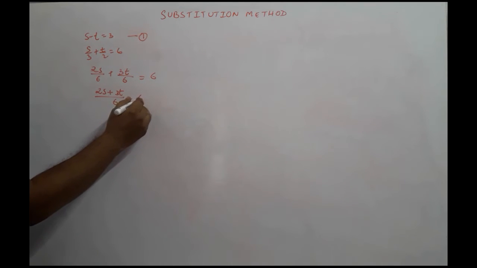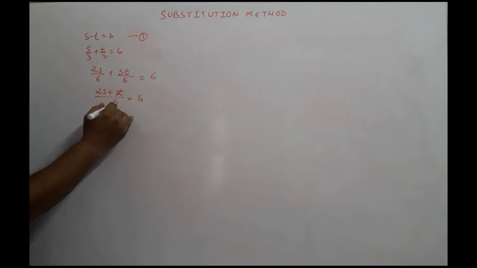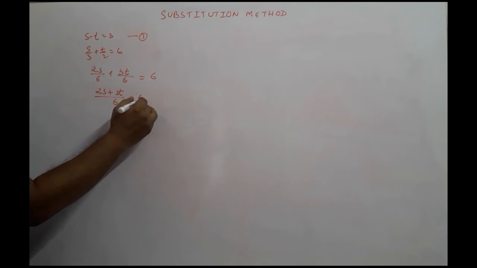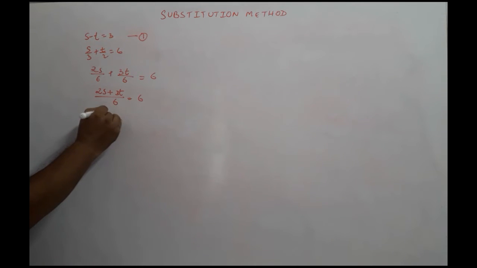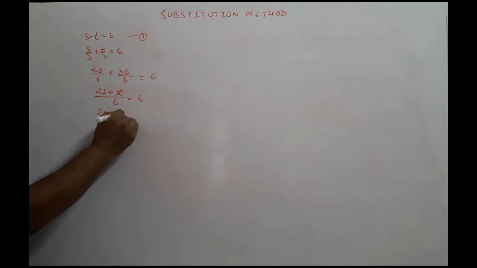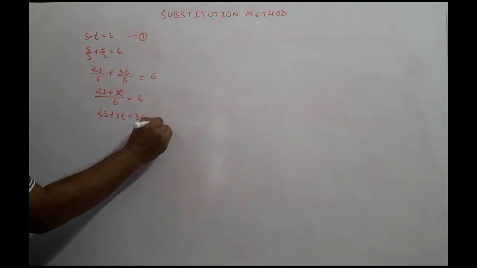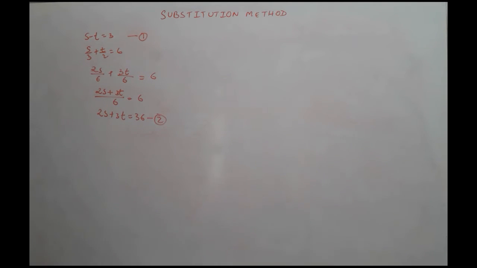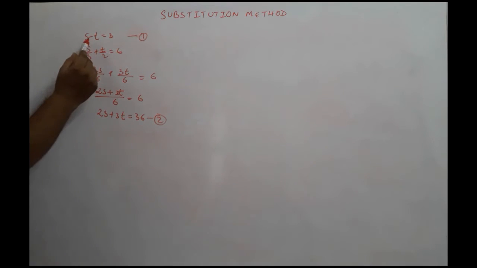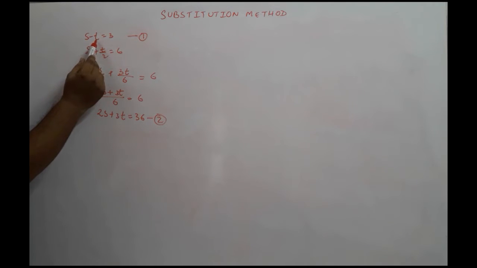This 6 we can take on the other side, and since it is division, it will go on the other side and multiply with 6 to become 36. So 2s plus 3t equal to 36. This we can take as 2. Now for the first equation, it is easier to get a substitution, so we'll take t on the other side.